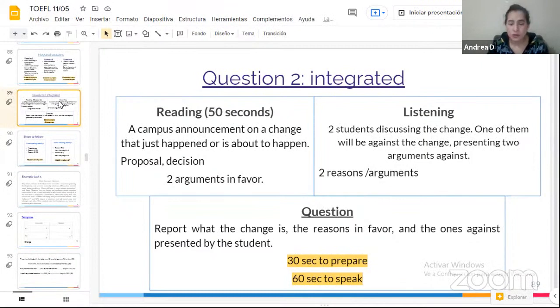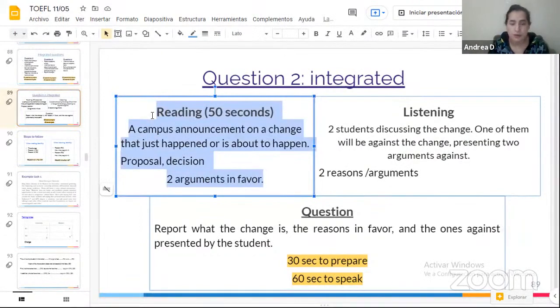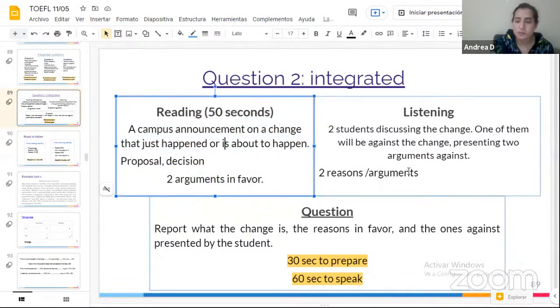When you're listening, you are allowed to take some notes. You can also take notes when you're reading, but it's not necessary, because the reading is going to stay on your screen the whole time, so you can read it again. But I don't think that's necessary.